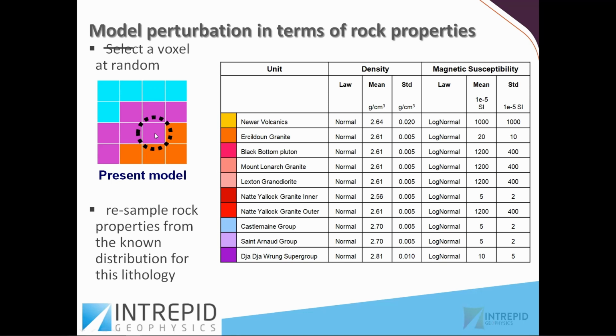Each cube contains the geological information, what formation it indicates, and the density or susceptibility, which we call rock properties, of a particular cell, which is assigned to this formation. This is a stratigraphic sequence of the bed model, and we can see the density and magnetic susceptibility values in the mean and the standard deviation of each formation.